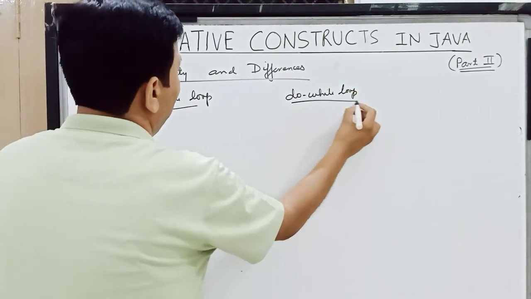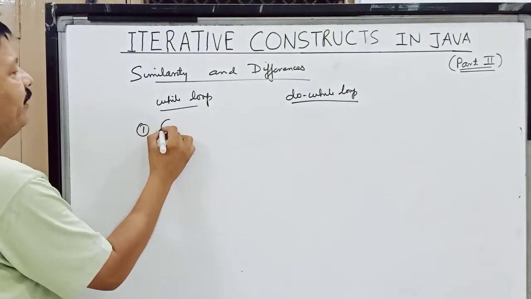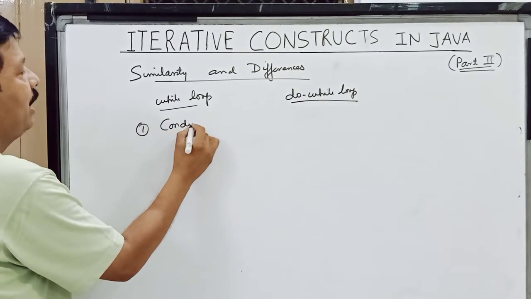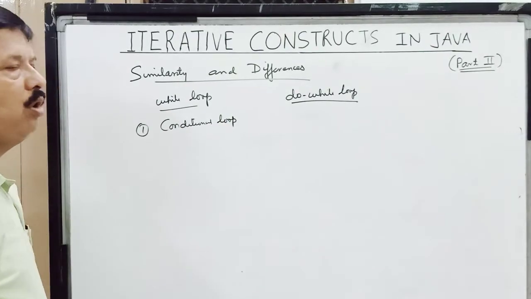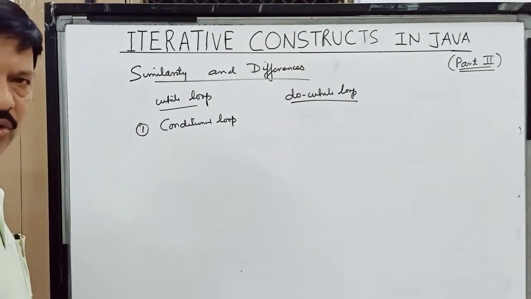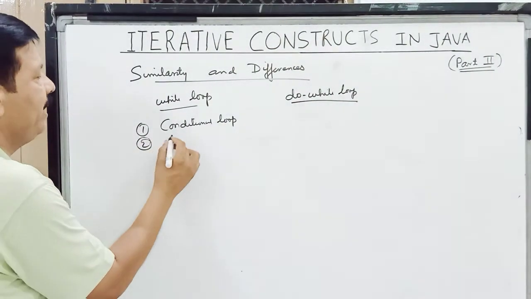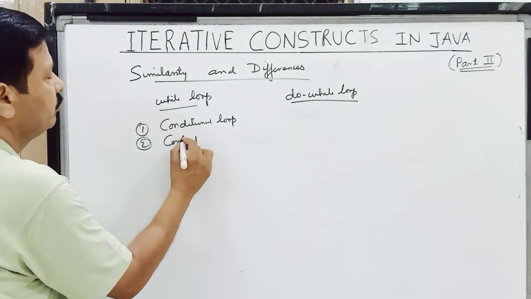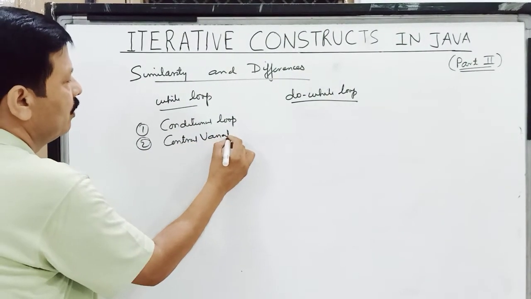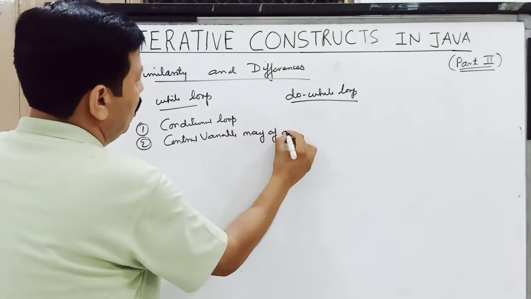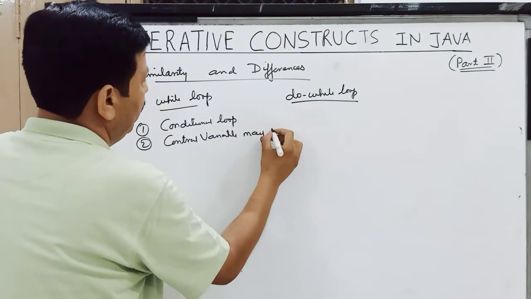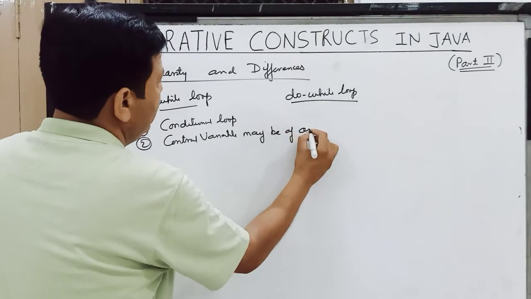So these are the similarities. First of all, we say that both are conditional loops. Both while and do while are conditional loops. Second point of similarity is that control variable may be of any data type.